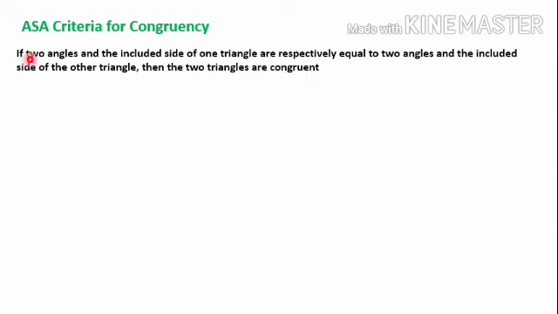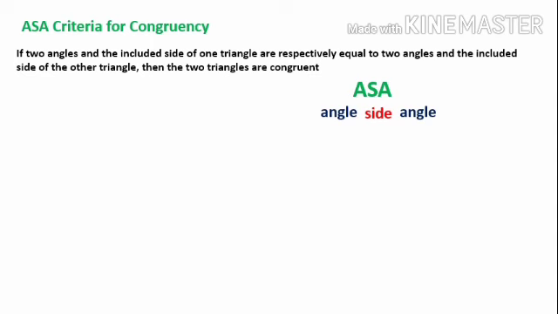As I mentioned before, two angles and the included side means the side is in between the angles. So two angles and the included side of one triangle are respectively equal to two angles and the included side of other triangle, then the two triangles are congruent. Here ASA means A stands for angle, S stands for side, and again A stands for angle.